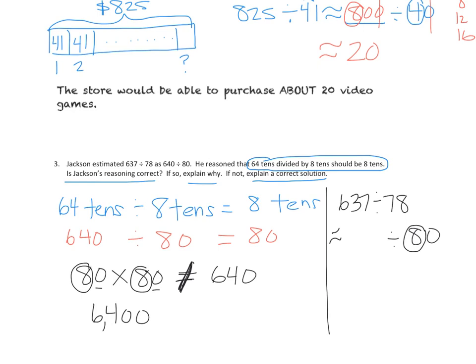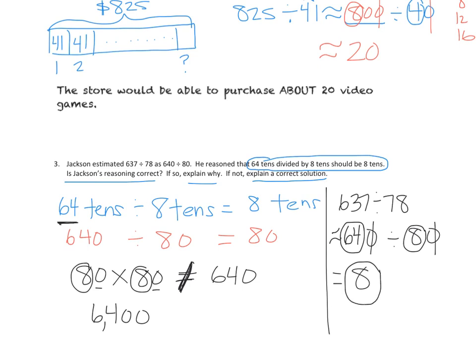And then 637, since the compatible number that we see over here is 64, we're going to say 637 is closer to 640. So 640, or 64, is our basic math fact. That means that 64 divided by 8 is 8. We're going to slash the 0 in 80 and the 0 in 640. So the correct quotient is 8.